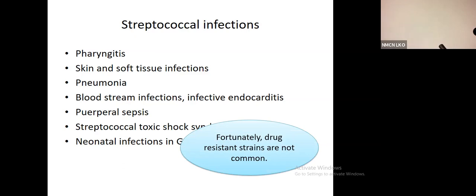Fortunately, in India, drug-resistant streptococcus strains have still not reached us. Drug-resistant pneumococcal pneumonia is a big problem elsewhere, but somehow here it's not such a big problem. It's still susceptible to penicillin. So we do not face so much streptococcal resistance.